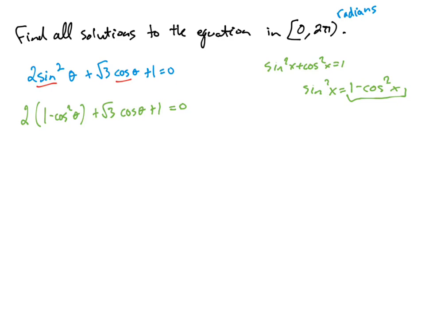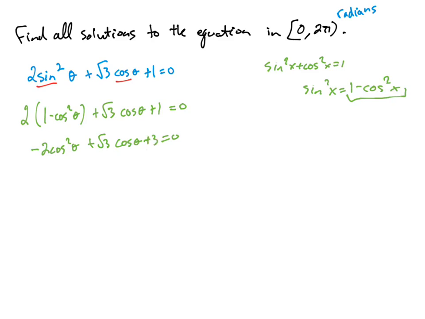Okay, so doing that, I only have cosines in the equation. So if I simplify, okay, and I have like terms, the 2 and the 1, so I can write that as 3. I'm just going to erase that, write this as plus 3.